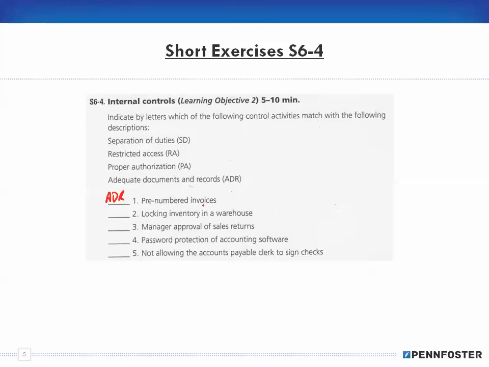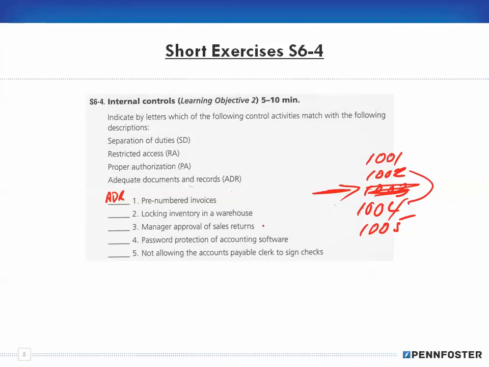Adequate meaning, and this is one thing, you can create invoices without numbers, but with numbering, let's say the invoices are numbered 1001, 1002, then 1004, 1005. Part of the internal control is, what if you don't see number 3? Why do you go from 2 to 4? What happened to number 3? It's sort of like in your checkbook.